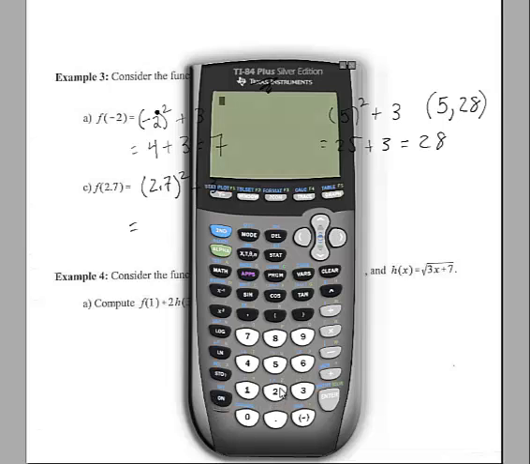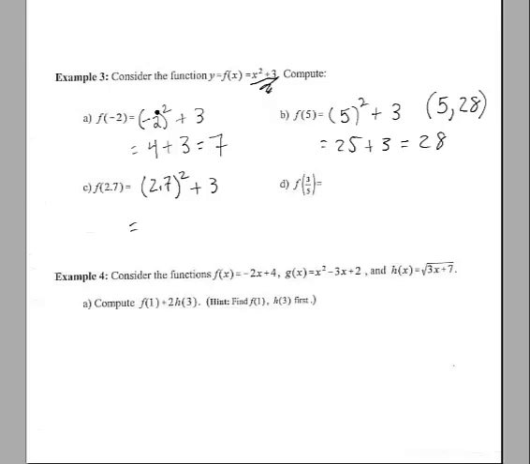Turn it on. 2.7 squared. Enter. 7.29. So 7.29 plus 3, and we get 10.29 as our output. As an ordered pair, we would write 2.7 for x and 10.29 for y.